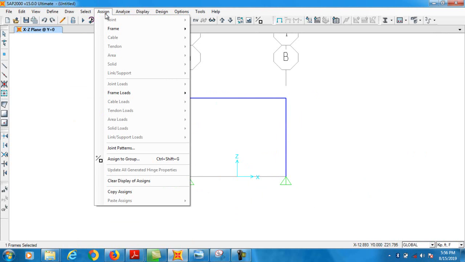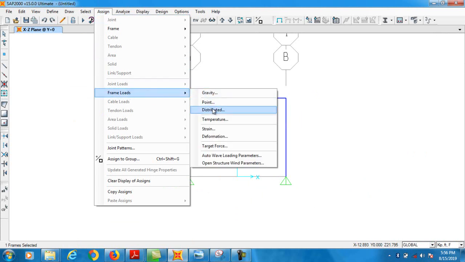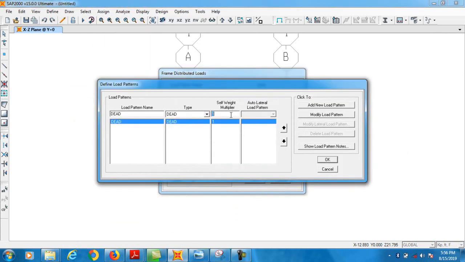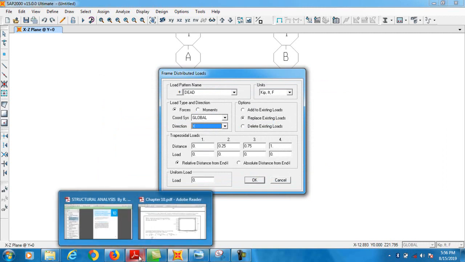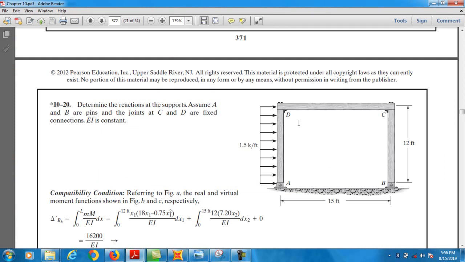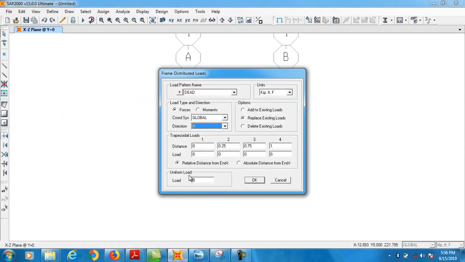Select this one, assign frame load, distributed, and make sure this is 0. Modify it, and make sure units are in kip-feet. You will be in global axis. You should select X, and here you can see that the load is in the positive X direction, so we don't need to insert a negative value. Clear?